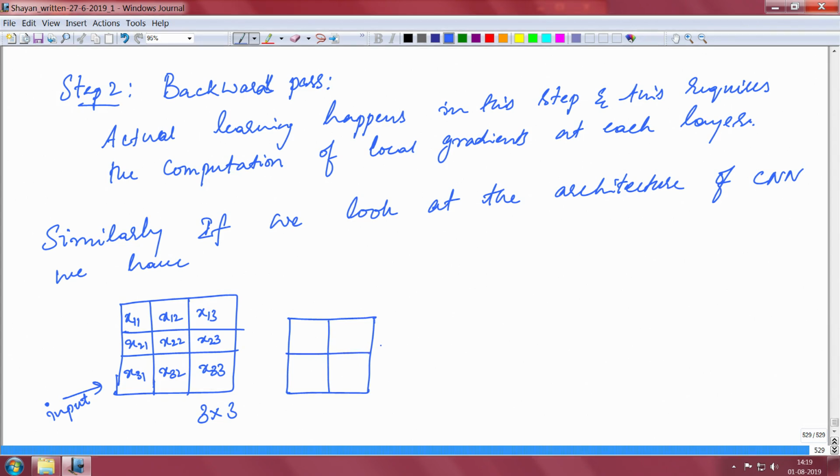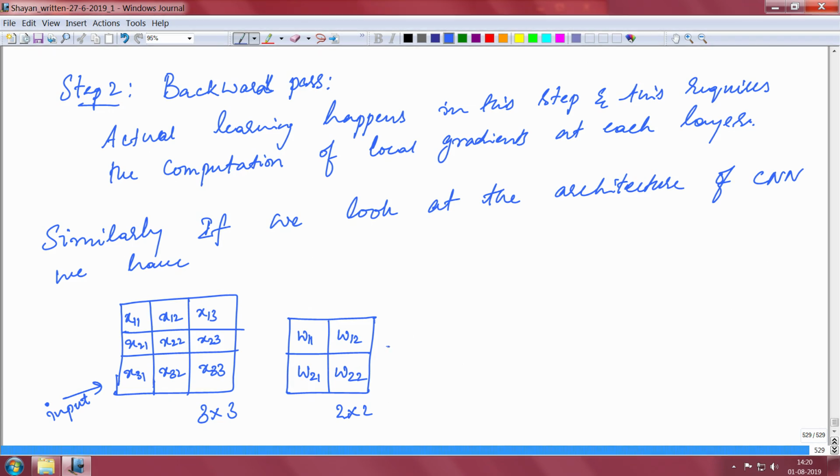We have a filter of size say 2 by 2 and in general it can be of size k by k, which is less than n by n, and let the parameters of this filter be W11, W12, W21, W22. Now, what happens in the convolution neural network is that this filter will be first rotated by 180 degree. So, by that what I mean is the following.